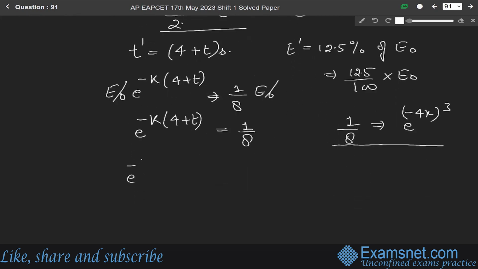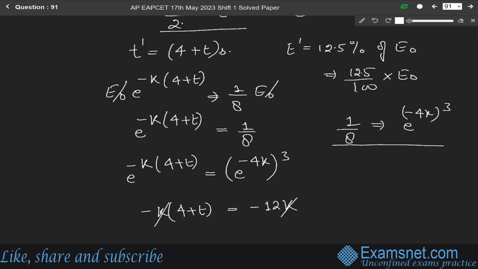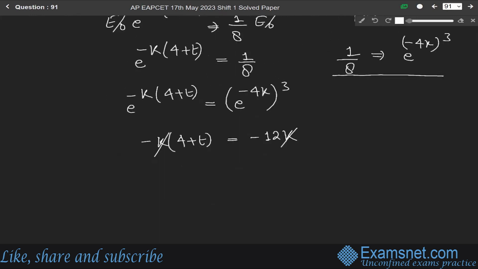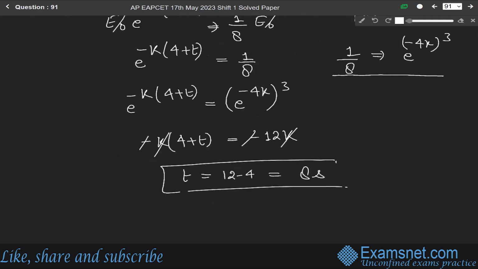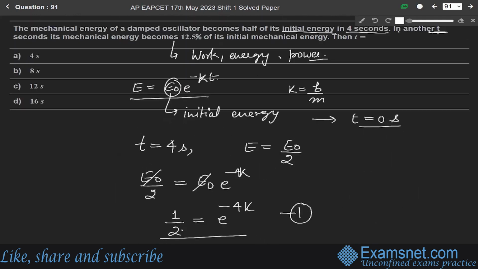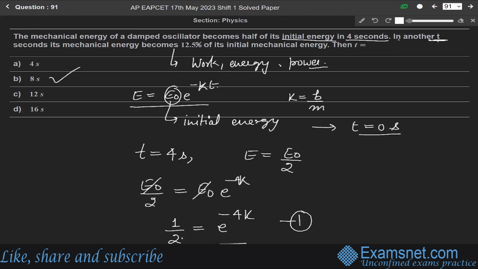So minus k(4 plus t) equals minus 12k. This k cancels, and the minus signs also cancel. So t equals 12 minus 4, which means 8 seconds. So our answer is t equals 8 seconds, which means option B is the correct answer.